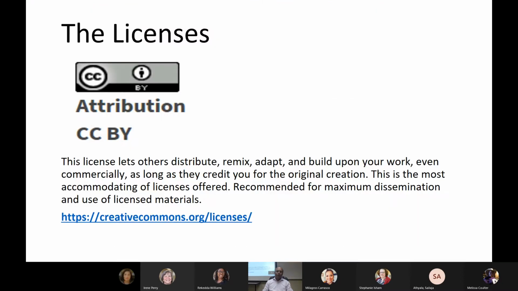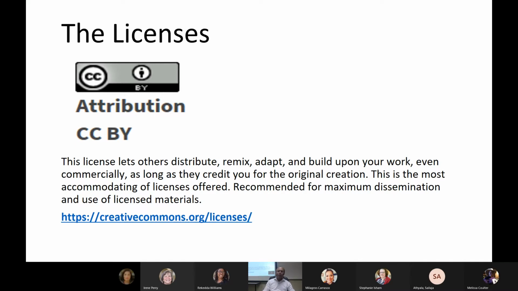So, for example, if you see the symbol CC BY, what does attribution mean? This license lets others distribute, remix, adapt, and build upon your work, even commercially, as long as they credit you for the original creation. This is the most accommodating of the licenses offered, recommended for maximum dissemination and use of licensed material.